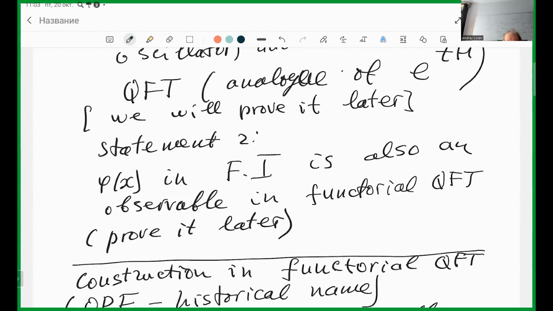So let me go assuming these statements, and later on, I will prove these statements. Only after we see that it is useful, you see? That it is useful and interesting.